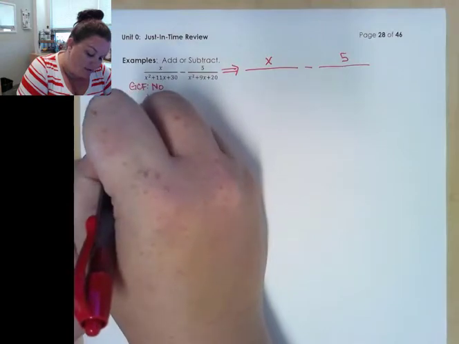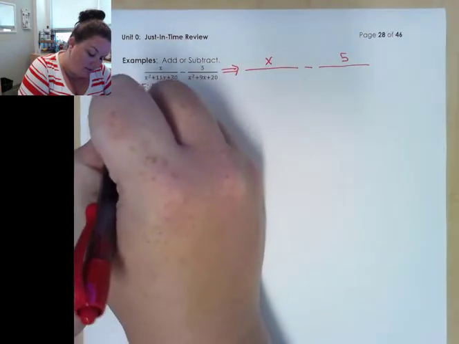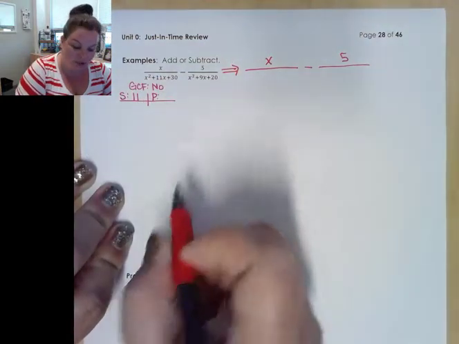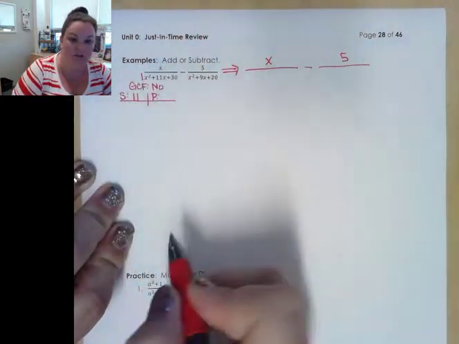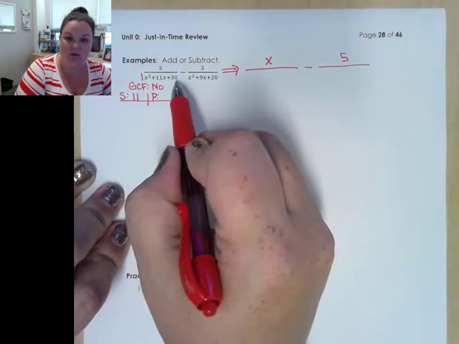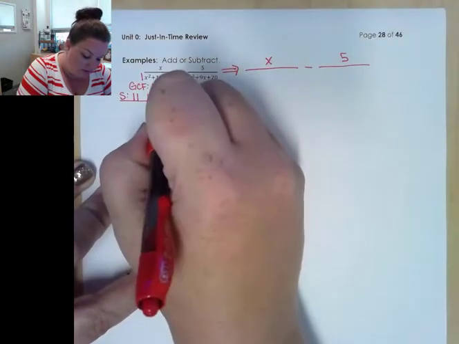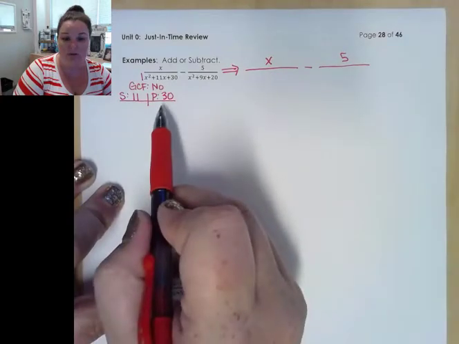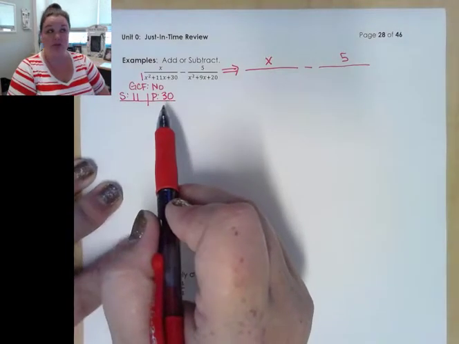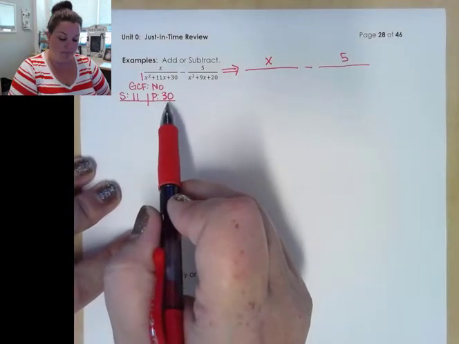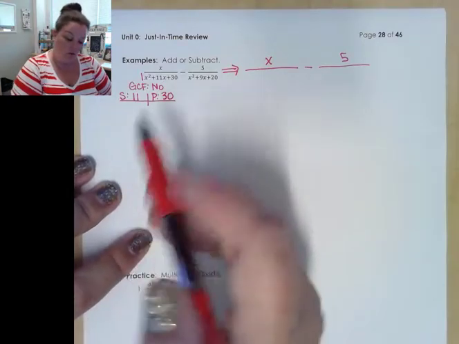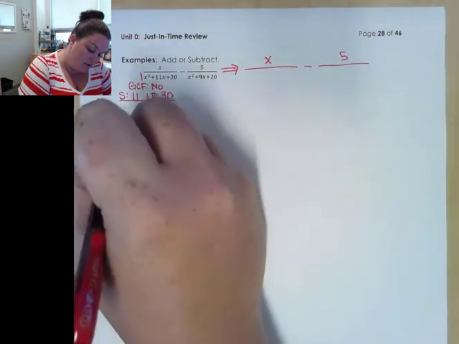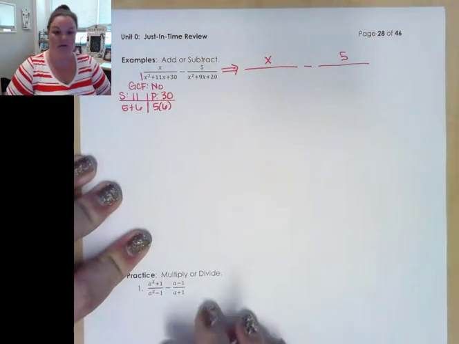So I go to my sum product chart. My sum is my middle coefficient, which is 11, and my product is my first coefficient, which is a 1, times my last coefficient, which is a 30. So 1 times 30 is 30. So I need a product of two numbers that multiply to give me 30, that combine to give me 11, which would be positive 5 and positive 6, or in other words, 5 plus 6, right?